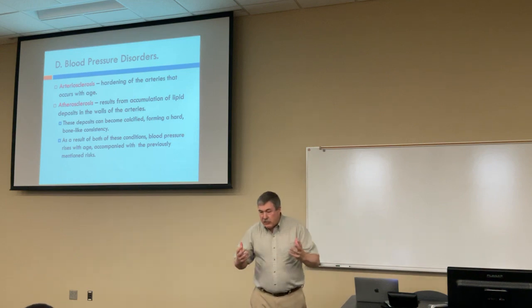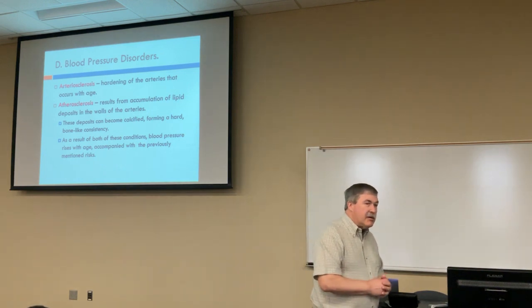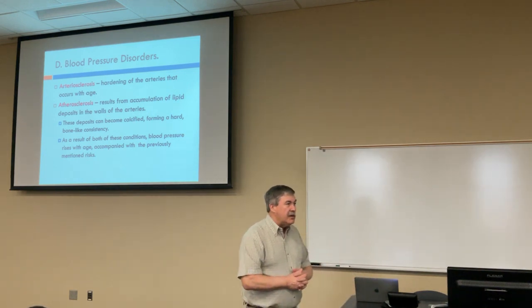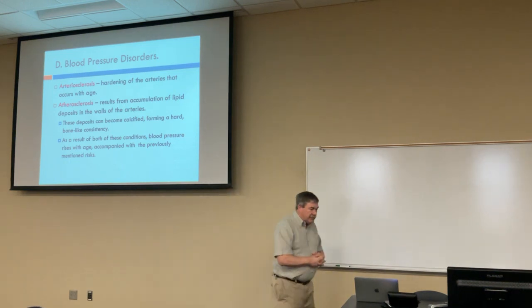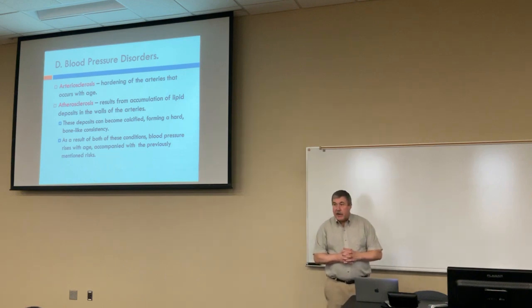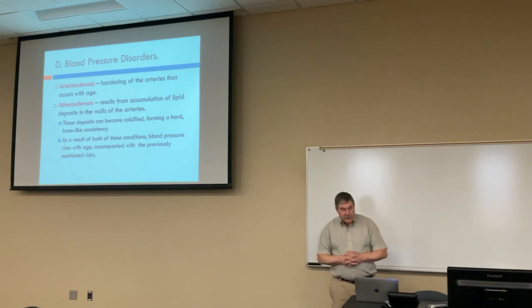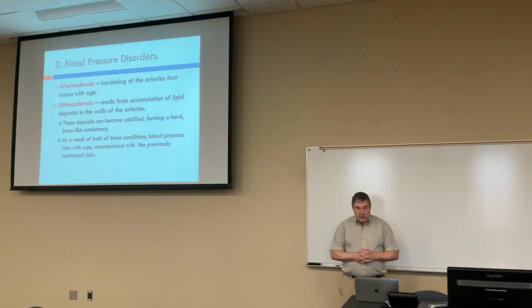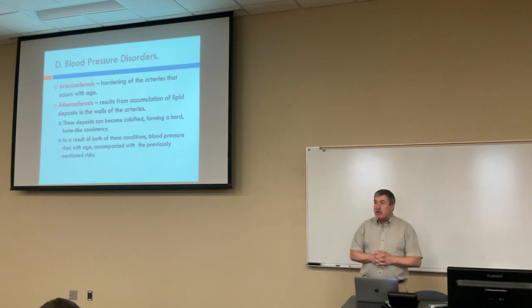Okay? And if you have an increase in systolic pressure, that increases the chance of having a ruptured aneurysm, which could be in the brain or the aorta or any place. So that increases the chance of a cardiovascular incident. Another one, probably most commonly caused by higher than normal cholesterol in the blood, is atherosclerosis.